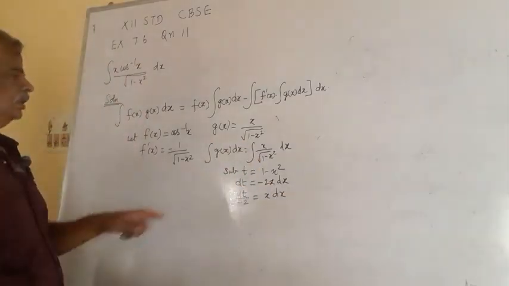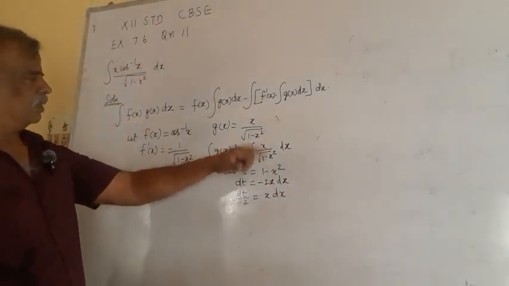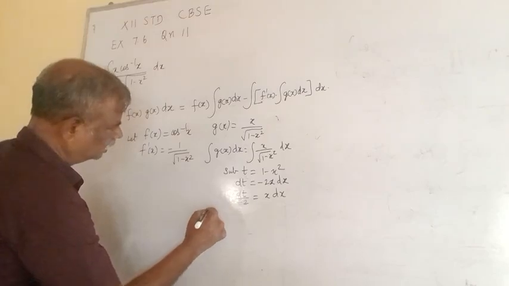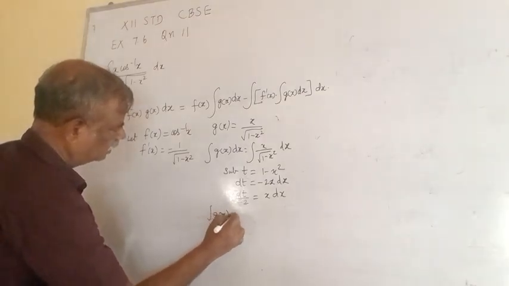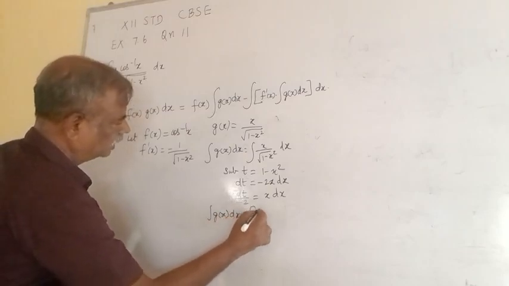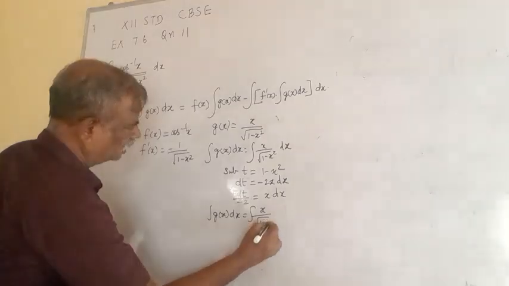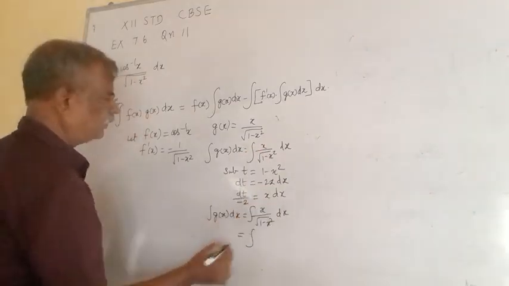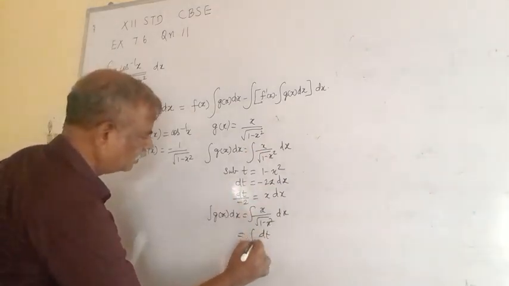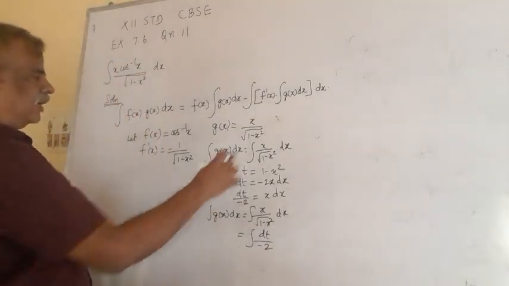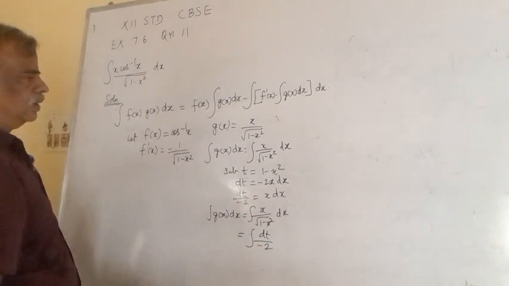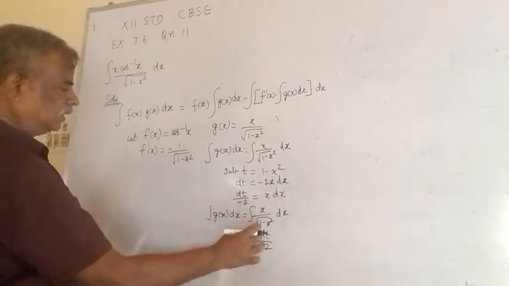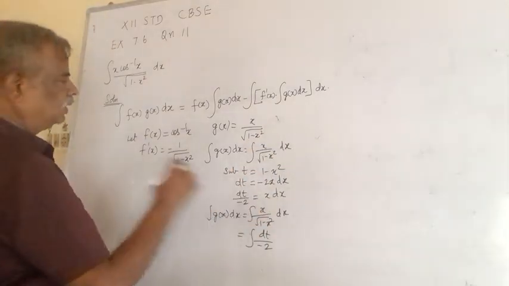Now we change the integration sum fully into a function of t. So the integration of g of x dx, which is the integration of x by root of 1 minus x square dx, becomes: here x dx is equal to dt by minus 2.